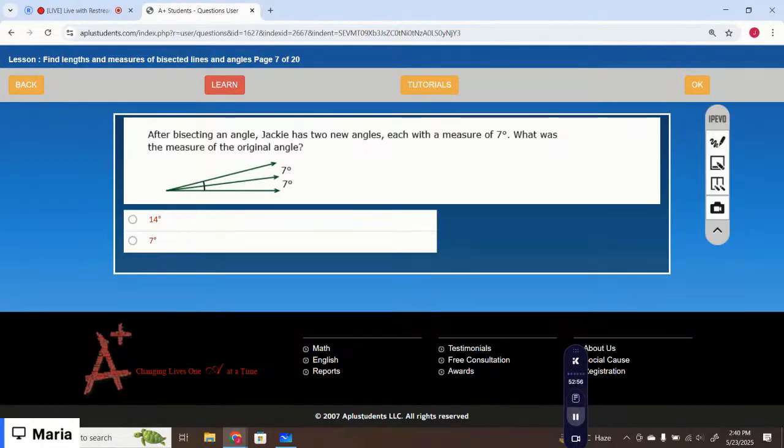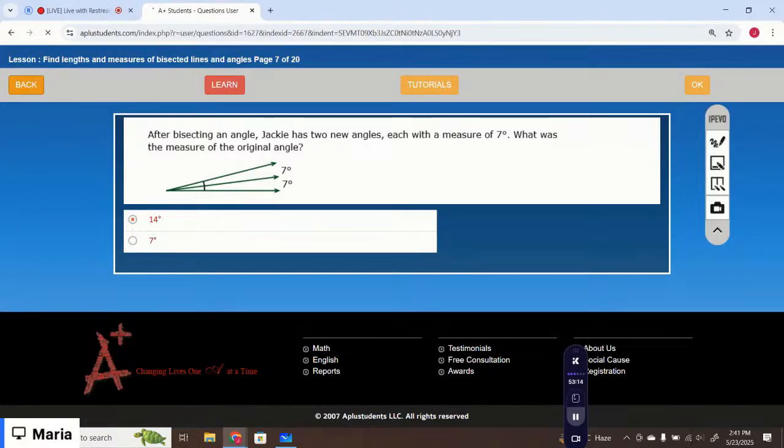After bisecting an angle, Jackie has two new angles, each with a measure of 24 degrees. What was the measure of the original angle? The original angle measures 48 degrees. Correct option.